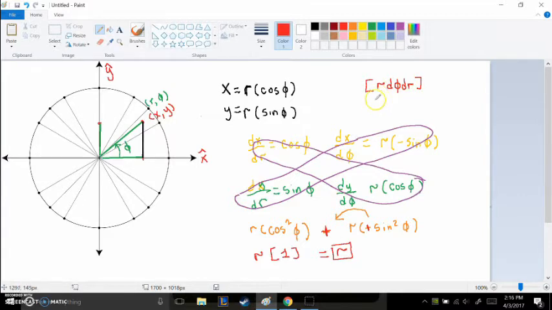When r is constant, then we just have r d phi, and when phi is constant, we just have dr as the Jacobian factor, which we usually use as an integrating factor for different situations, depending on if we're going to be doing areas or single dimensions, because this is a two-dimensional operation that we performed from the 2D x, y to the 2D r, phi in order to achieve the polar coordinate transform.